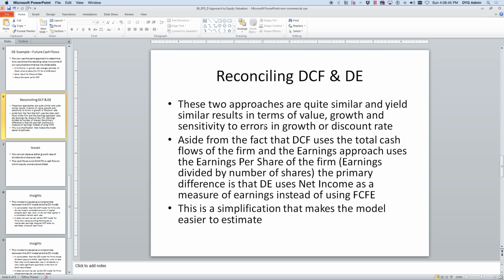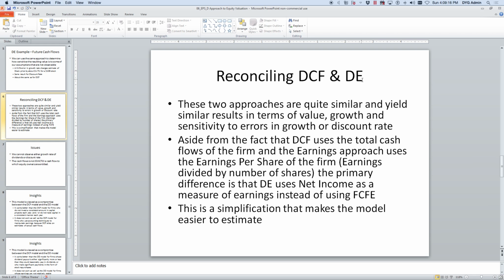So, how would we reconcile these? Again, the discounted cash flow and the discounted earnings approaches, they're similar. They yield similar results in terms of value growth, sensitivity to errors, discount rate. Really, aside from the fact that one uses the total value of the firm and the other uses value per share, which is basically the stock price.